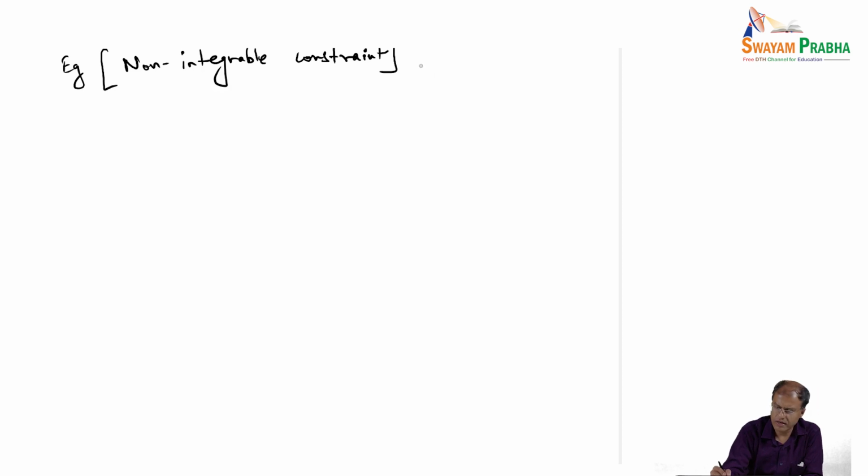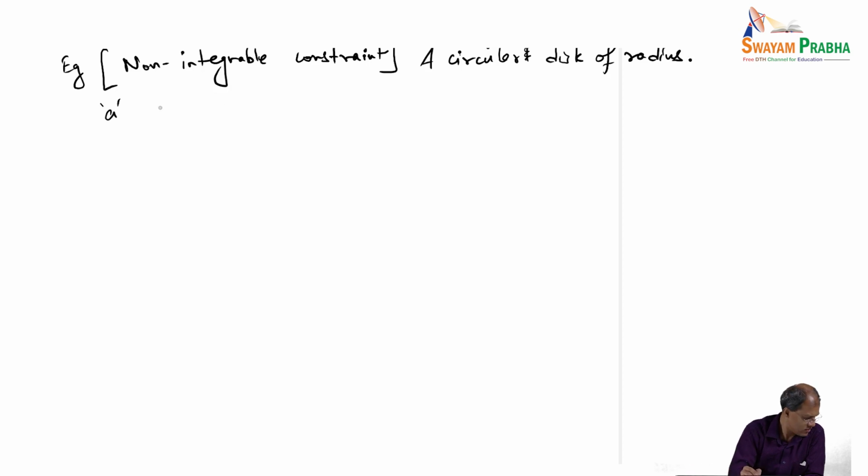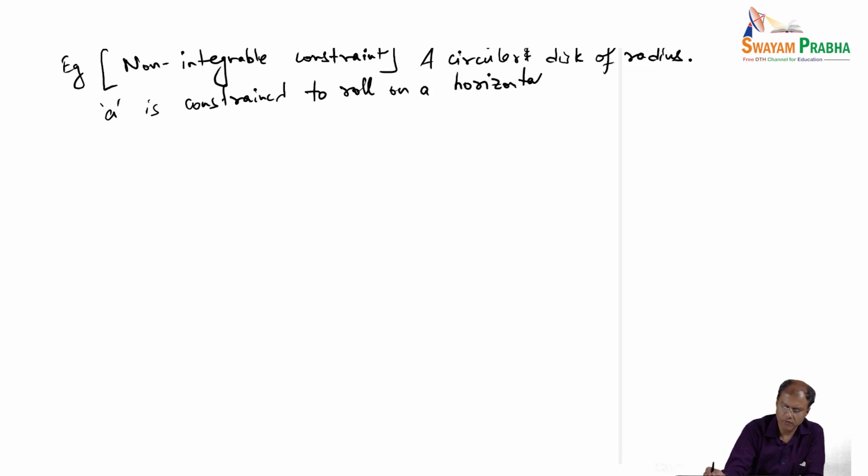This is a case where suppose we have a circular disk of radius a, and it is constrained to roll on a horizontal floor with its plane vertical.